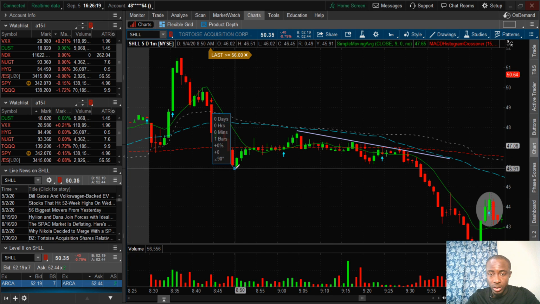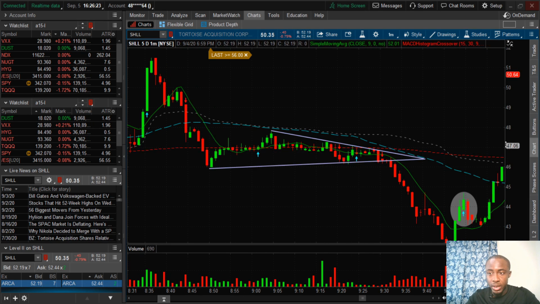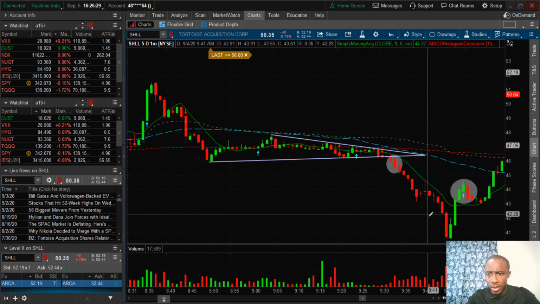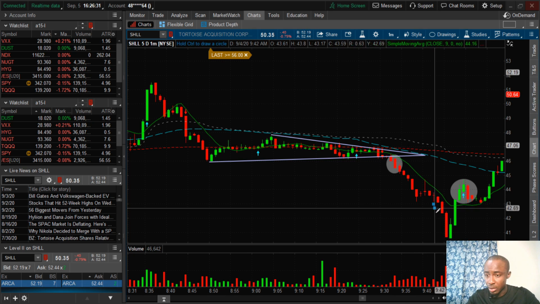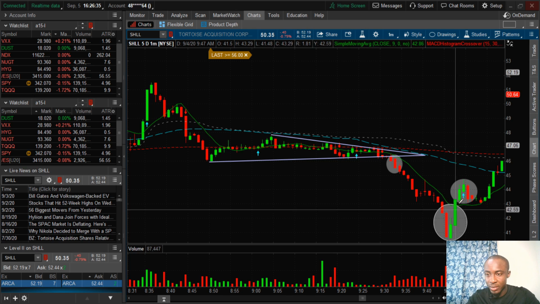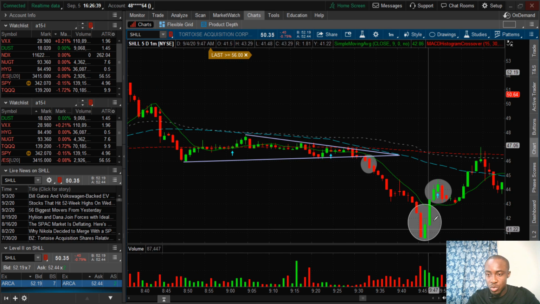The appropriate entry for this trade would have been right in here, and then the appropriate exit, I should say, is anywhere down here. Not down here. I was late on my exit, but again, this one would have been a much better exit.